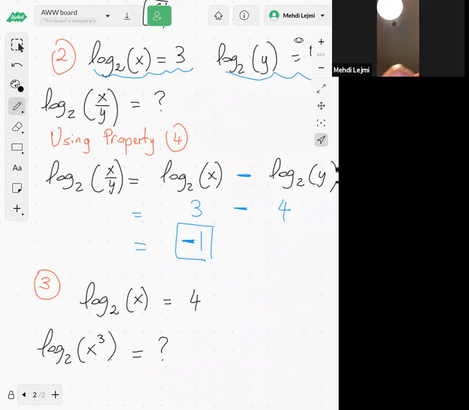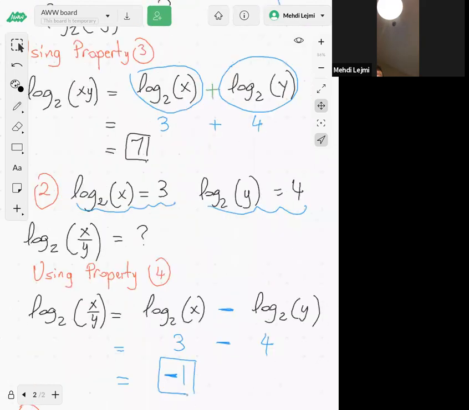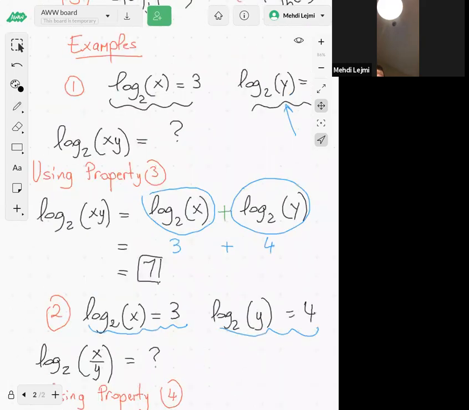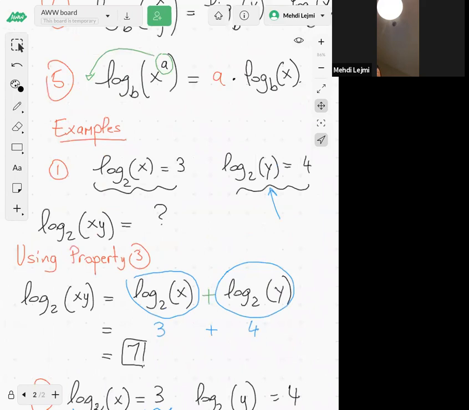We're gonna use the last property, property number 5: when you have x to some power inside the log, if you have log of x to some power a, then you can put the power a in front of the log.